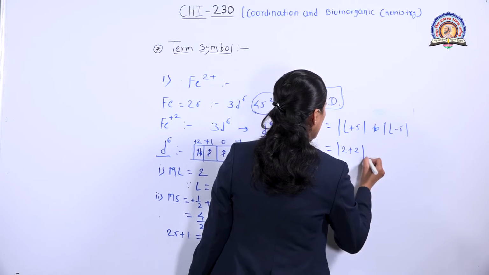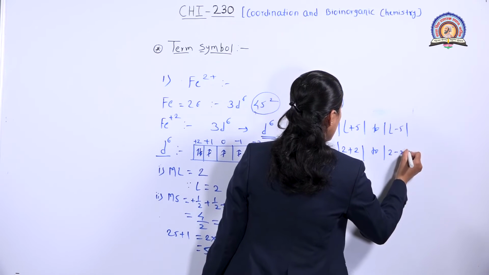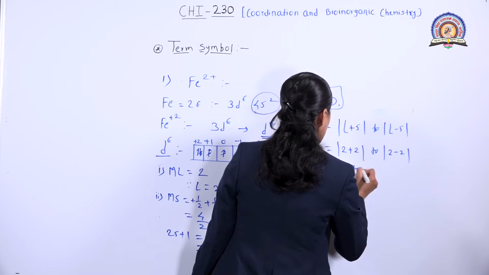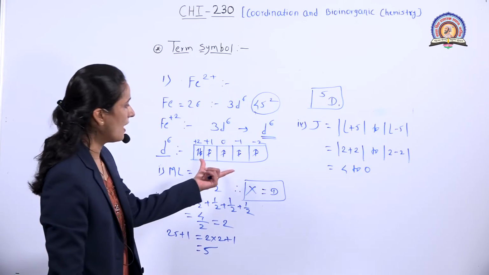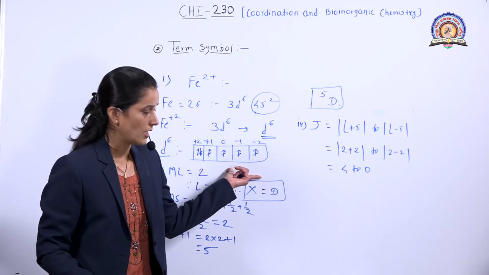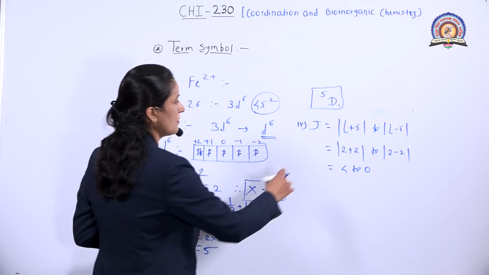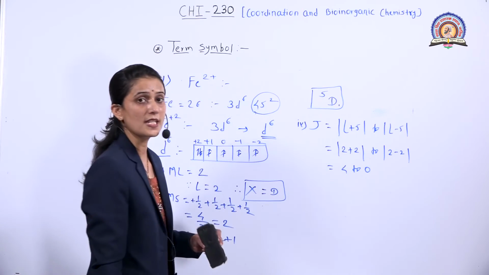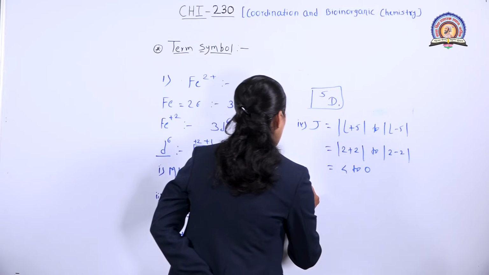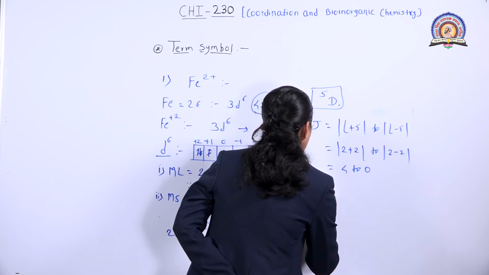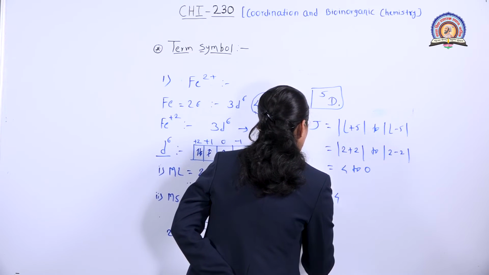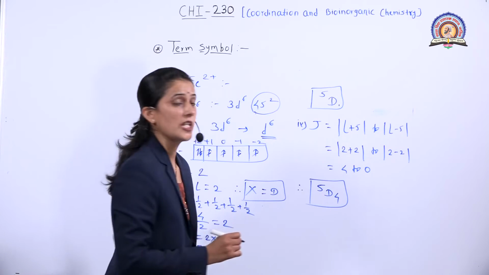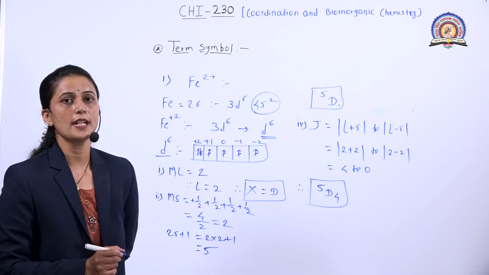So 2 plus 2 is 4, 2 minus 2 is 0, so 4 to 0. But we have a configuration which is greater than half filled. That's why we have to consider this value, that is L plus S. So the final GS term is 5D4.